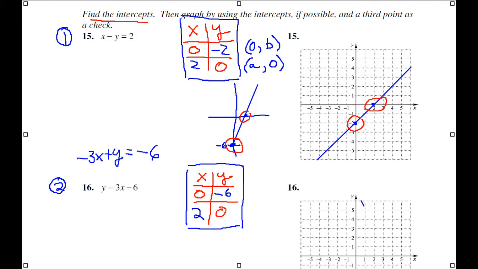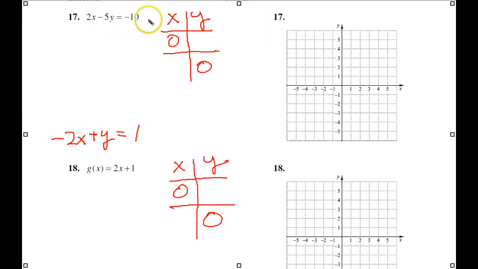Okay, let's try some more. Now I did some preliminary work on 17 and 18, but here this is Formula 1, standard form. I've set up my x and y intercept t-chart.